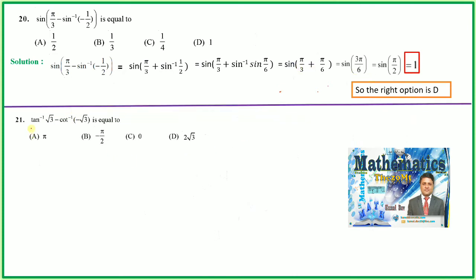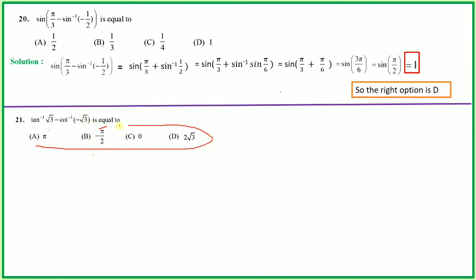Next question, question number 21, and the last question of this exercise: tan inverse root 3 minus cot inverse minus root 3 is equal to, out of these four. Let us go for the solution.